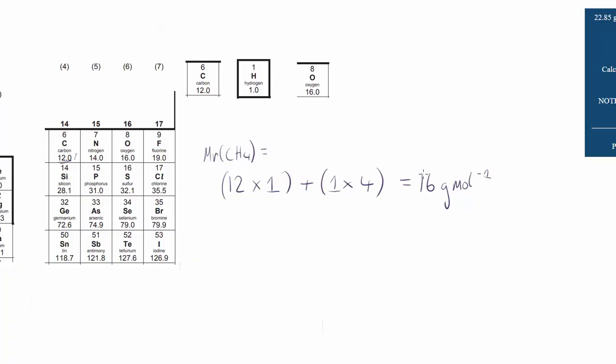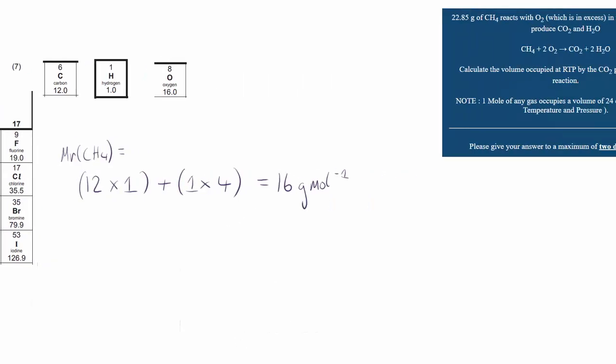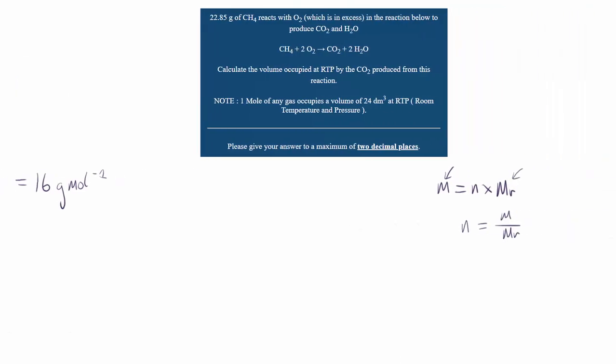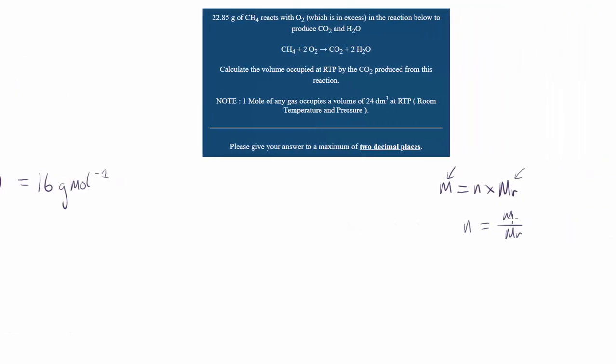Okay, now what do we do with this? Well, what does our equation show? Our equation shows that the number of moles is equal to the mass divided by the molar mass. So we know here that the mass of the CH4 is 22.85. So what we're going to do is simply use this equation, and we're going to say that the number of moles of CH4 in this particular case is going to be 22.85, right, divided by the molar mass, which is, as we just worked out, 16.